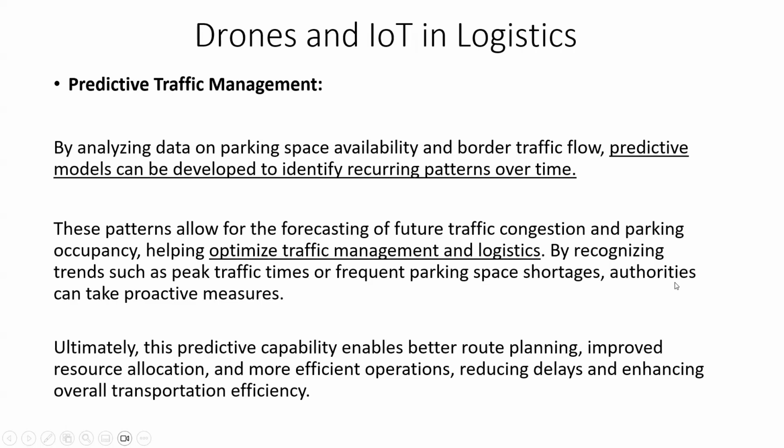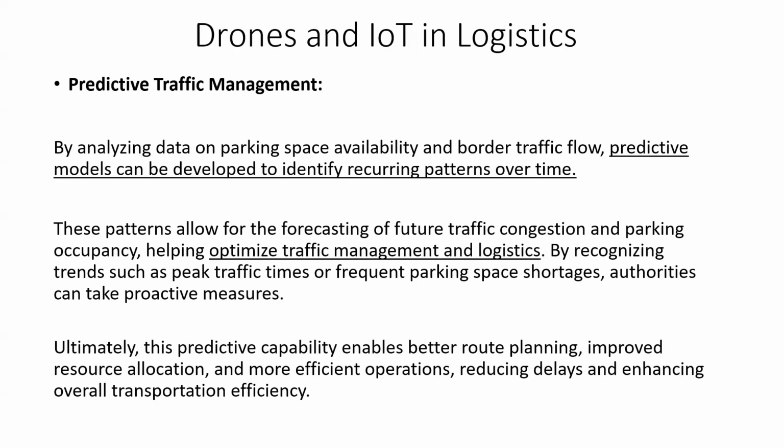And the last one is the predictive traffic management. By analyzing all the data from available parking spaces and border traffic flow, we can make predictive models to identify the recurrent patterns over time. These patterns allow us to optimize the traffic management and logistics for the congestion and the parking occupancy.